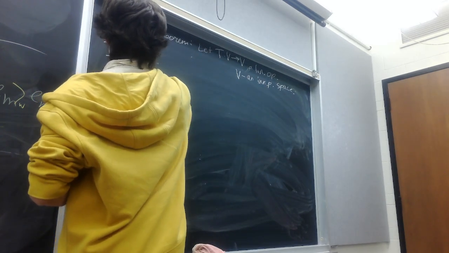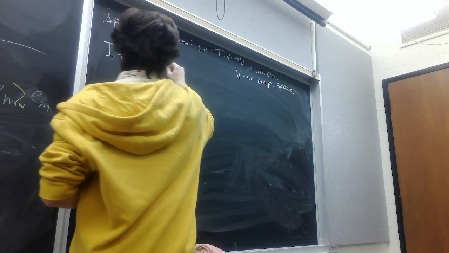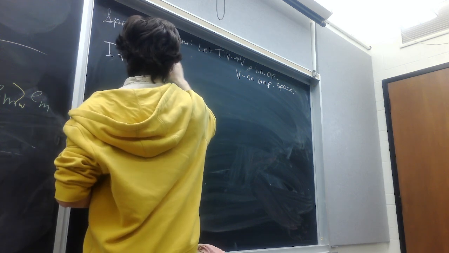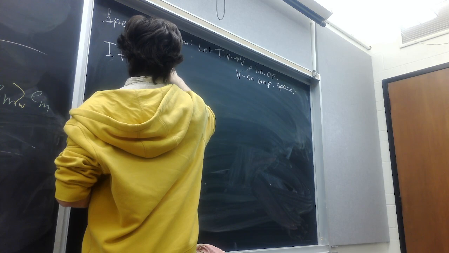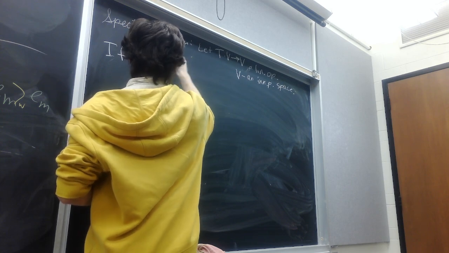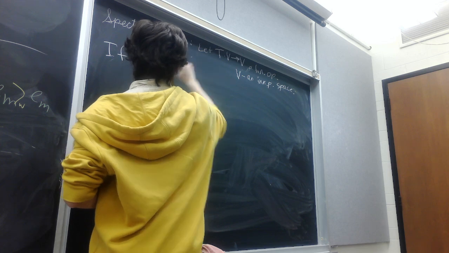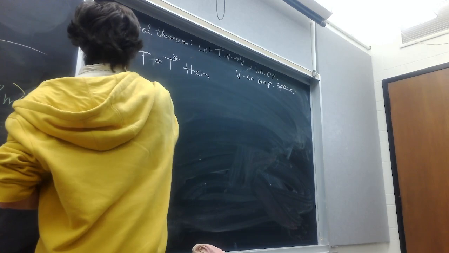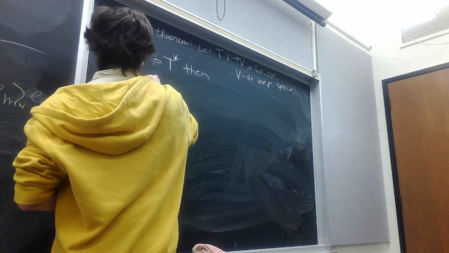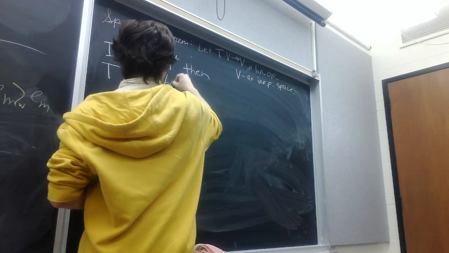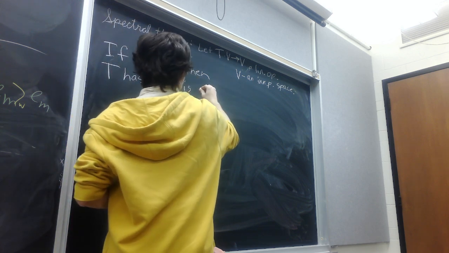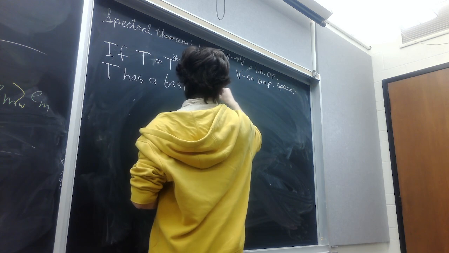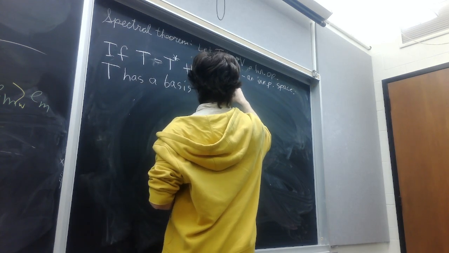If T equals T star, then T has a basis of eigenvectors.